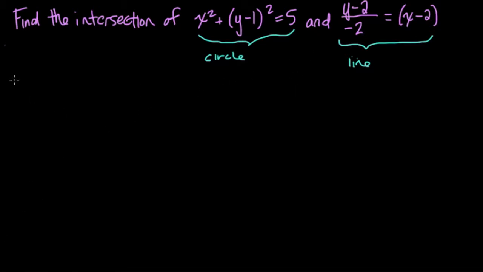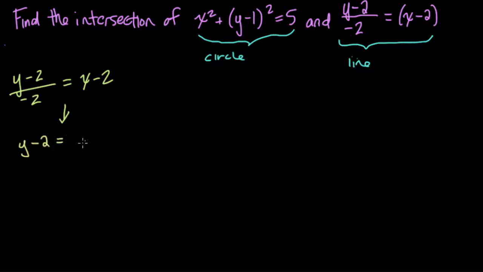That equation says (y minus 2) over negative 2 equals x minus 2. So all I'm going to do is multiply both sides by negative 2. Because I'm dividing by negative 2 on the left side, if I multiply by negative 2, the negative 2 will cancel out. Imagine negative 2 divided by negative 2, and what we have left is y minus 2.